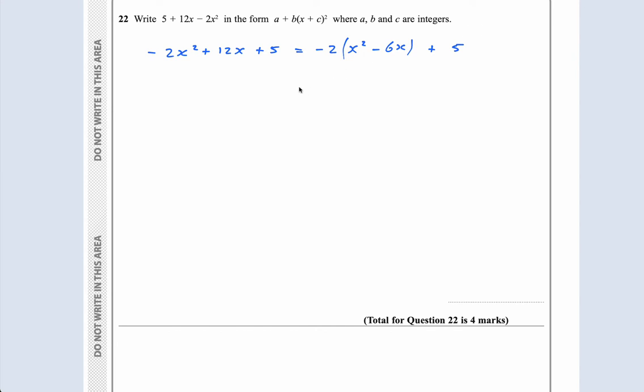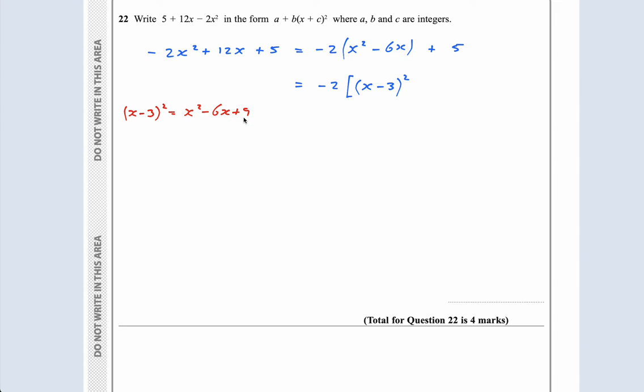Okay. Then I do this completing the square trick where I leave the minus 2 here. This x squared minus 6x I turn into x minus 3, squared. So I half the minus 6, and I get minus 3, and I square it. Now what this does is, if I just do x minus 3 squared, I get x squared minus 6x plus 9, which is my x squared minus 6x.